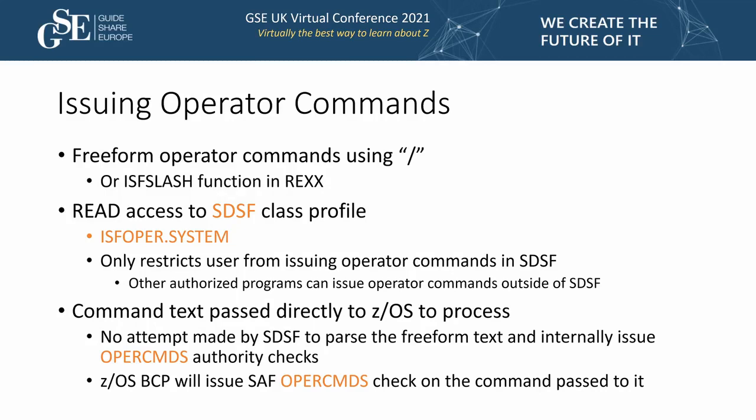Okay. So what we do with the slash command is we see if you're allowed to issue an operator command, and then we will just pass the freeform text that you issue straight to the BCP to say, okay, here's an attempted operator command, and we let the BCP do the operator command's authority checks itself.